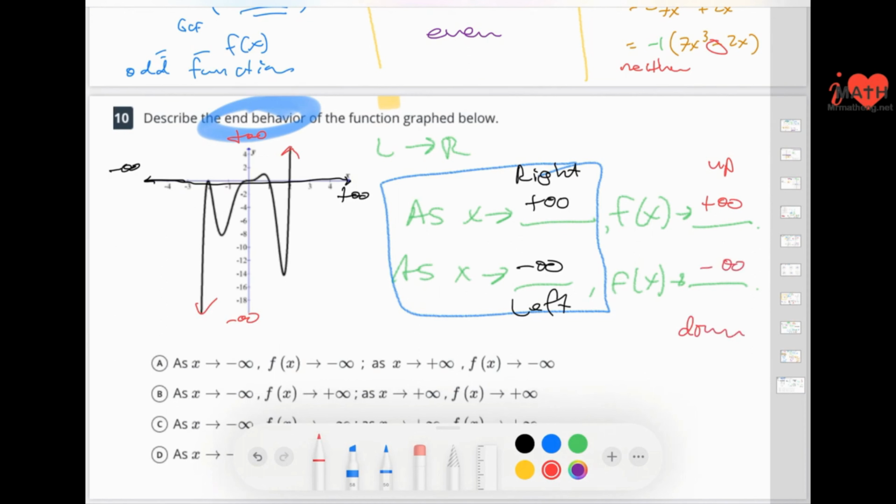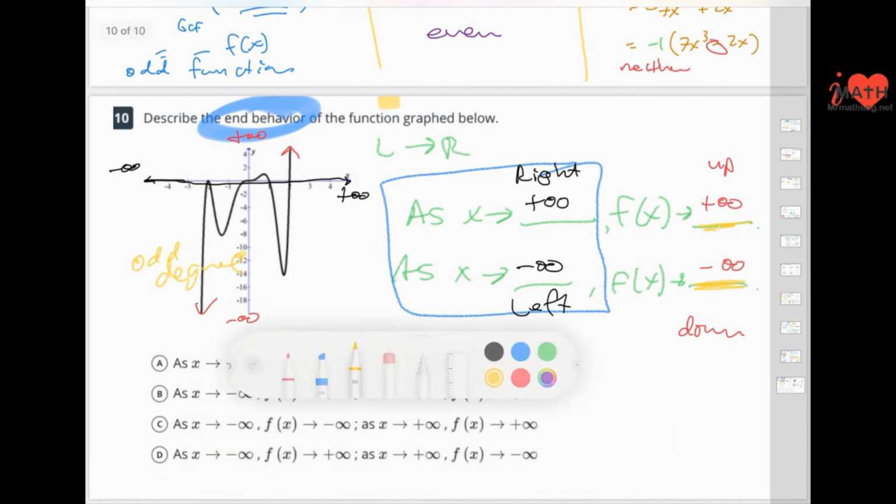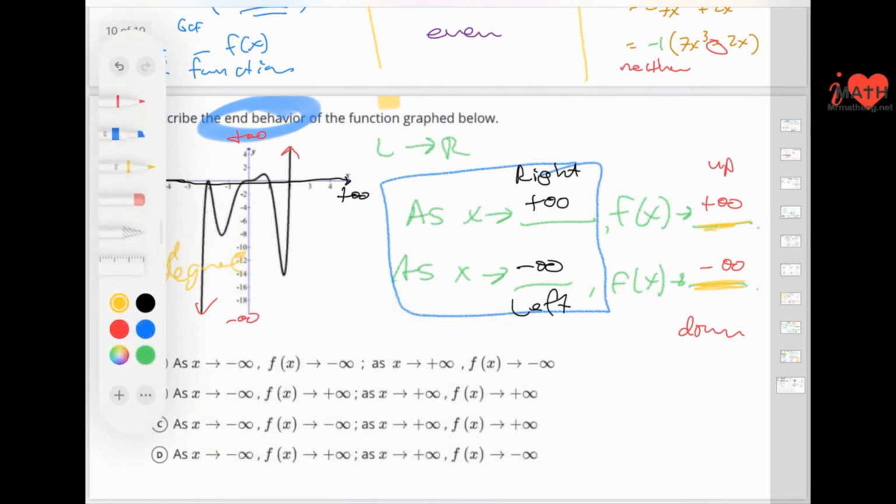Did you notice in red here that these are in opposite directions, which is an odd degree polynomial? Okay? And so if I match it up here, let's see which one that matches. Positive, positive, negative, negative. That would be choice C. C is my correct answer.